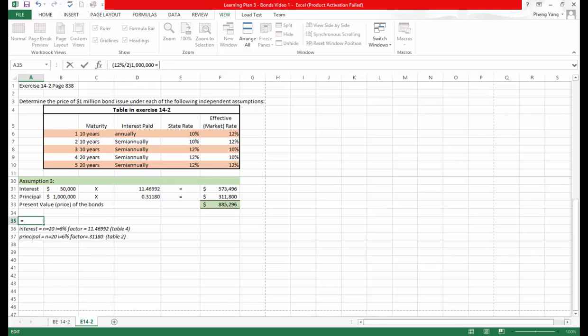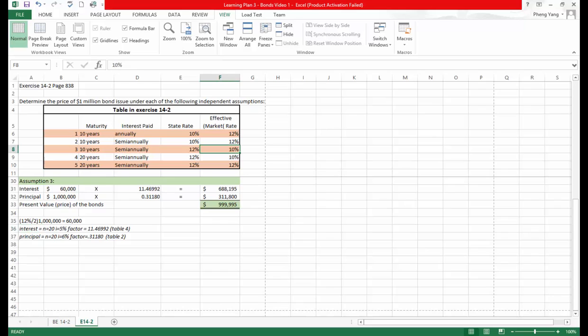That should get us to 60,000. For my payment factor for the present value of an ordinary annuity, my number of payments is 20 again because it's paid semi-annually, and my percent is 5%, because my effective rate is 10%.